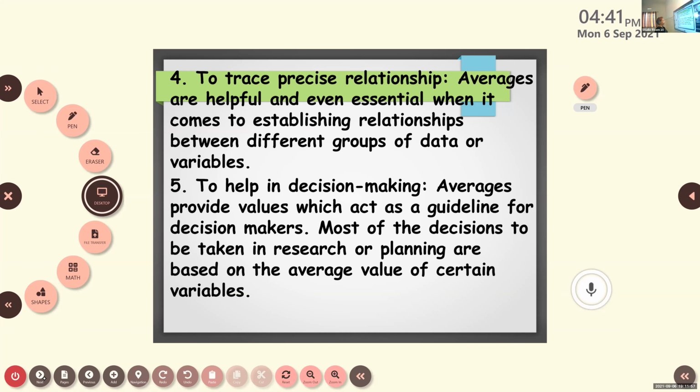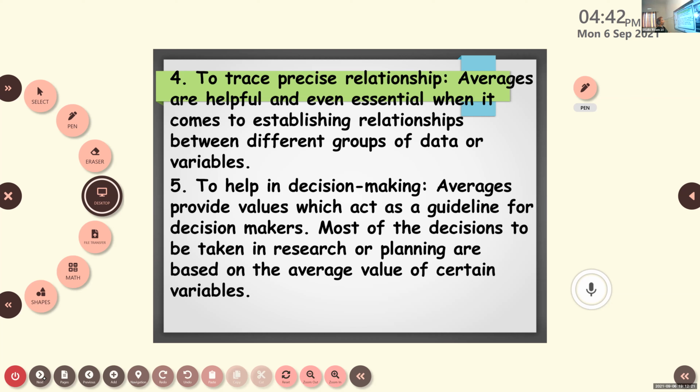Next important point, it will help us in decision making. It is a guideline for the decision makers. Whenever people are doing research or planning something, if we have an average value, it will be easy for those who are taking the decisions.